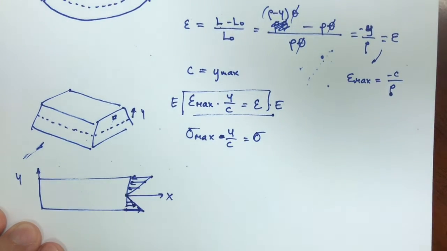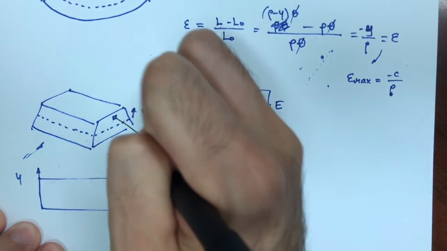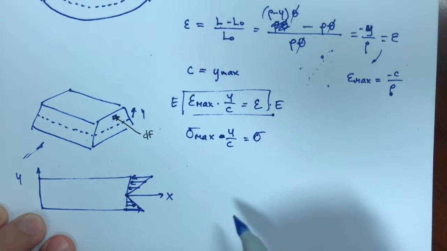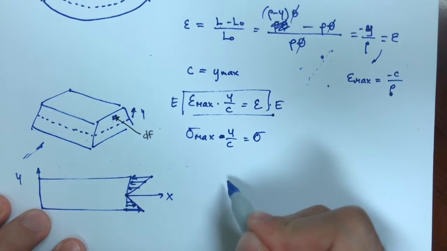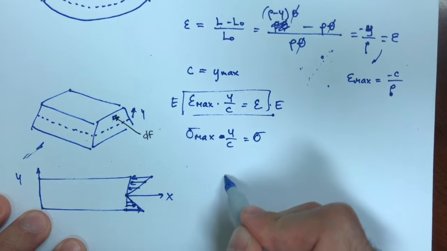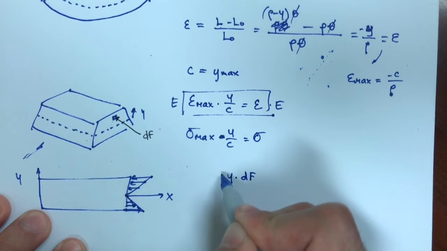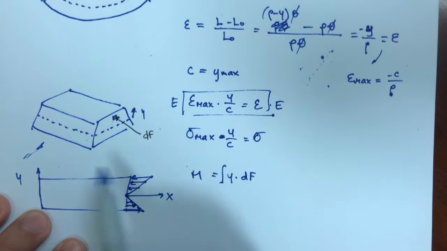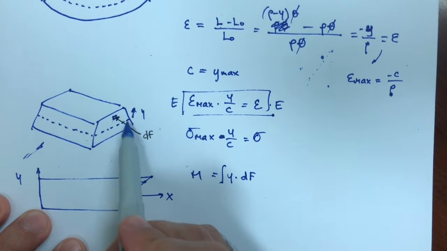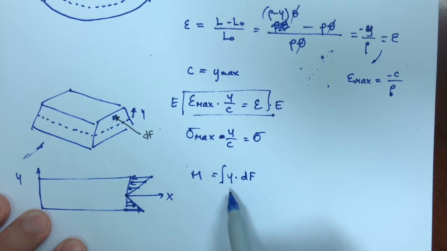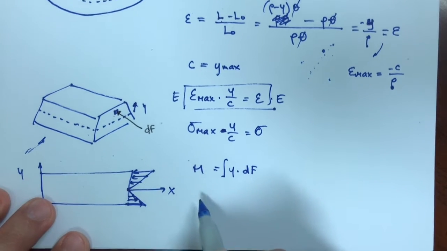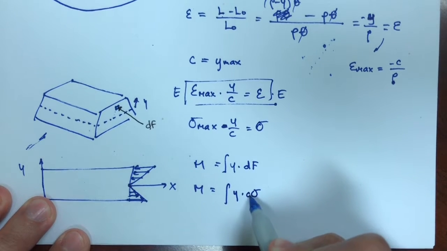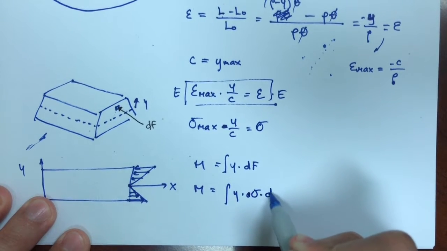So basically what I'm saying here is that there's going to be a force dF going in that direction, and if I multiply the distance y times the dF, and integrate all of those, I would get my moment. Okay, so distance times force, I would get a moment in that direction, and my dF can be written as sigma times the area.